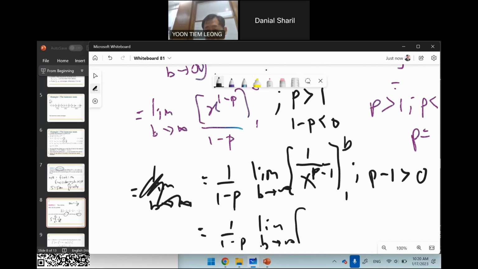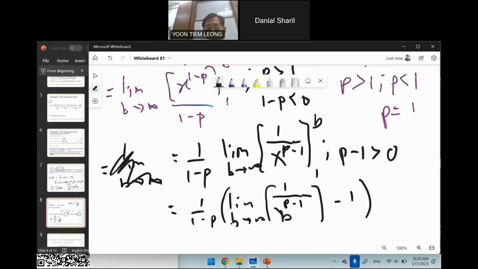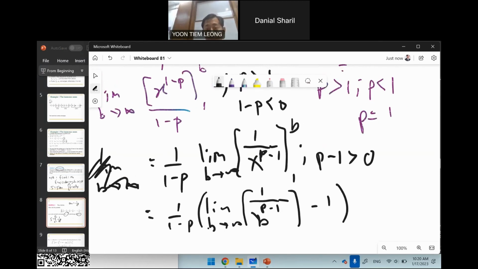Then these are the evaluations of x, where we replace x by b raised to the power of p minus 1, and then minus 1. I think this is like this. Okay, so here the 1 that appears here is coming from here, right? So what it means here is that you replace x with 1 here. So 1 raised to a power of p minus 1 is 1, right?